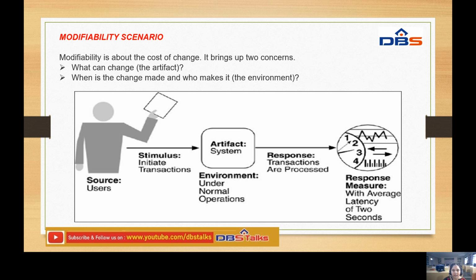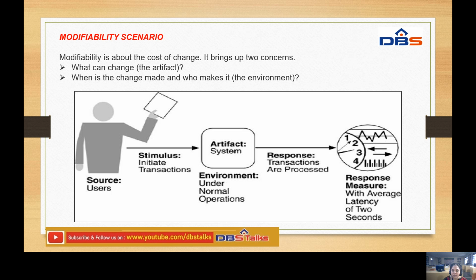Then the environment is normal operation. Then the response: transactions are processed. Response means whatever transactions are sent by the users, the artifact will react to it, it is taken into the environment, and then it is processed. That is called the response. Transactions are processed, and afterwards we will get the results.